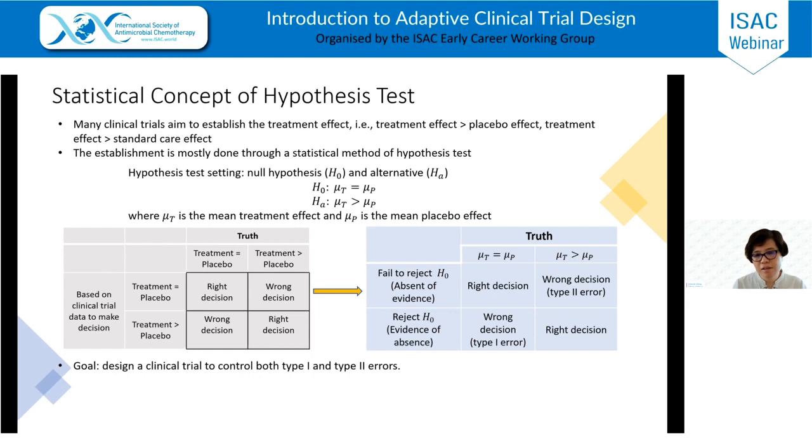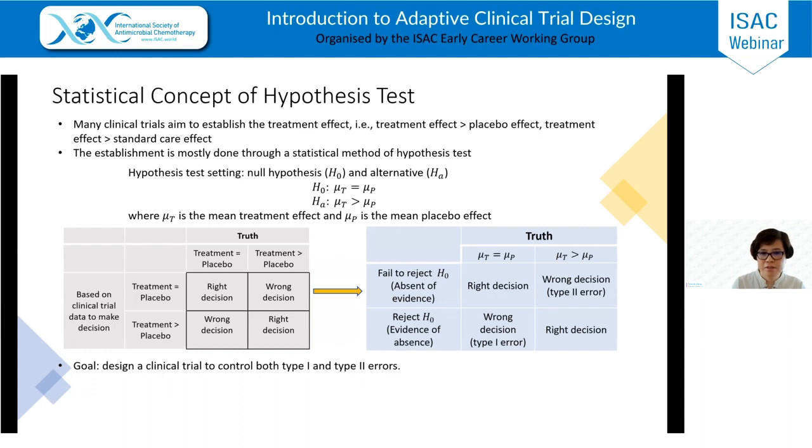The whole thing is carried through this statistical method called hypothesis test. I'm not sure how many of you are familiar, but I will go through some basic ideas here, because I will talk about the examples later based on that.